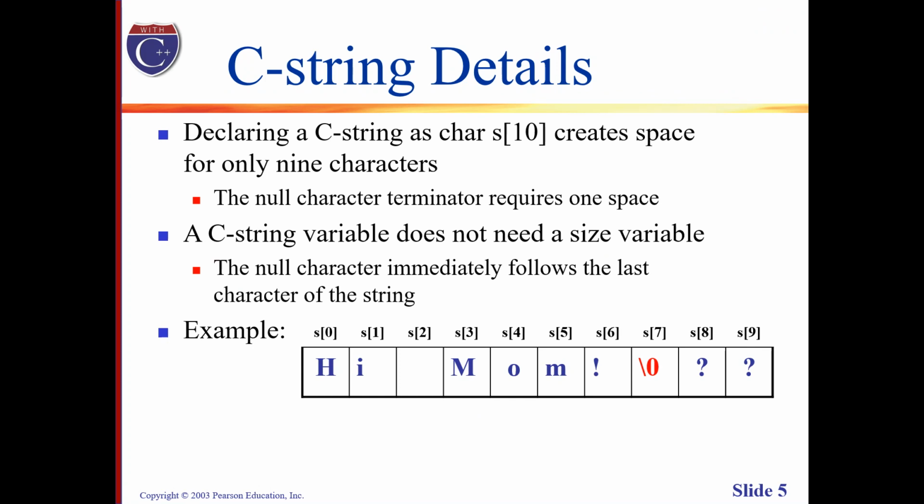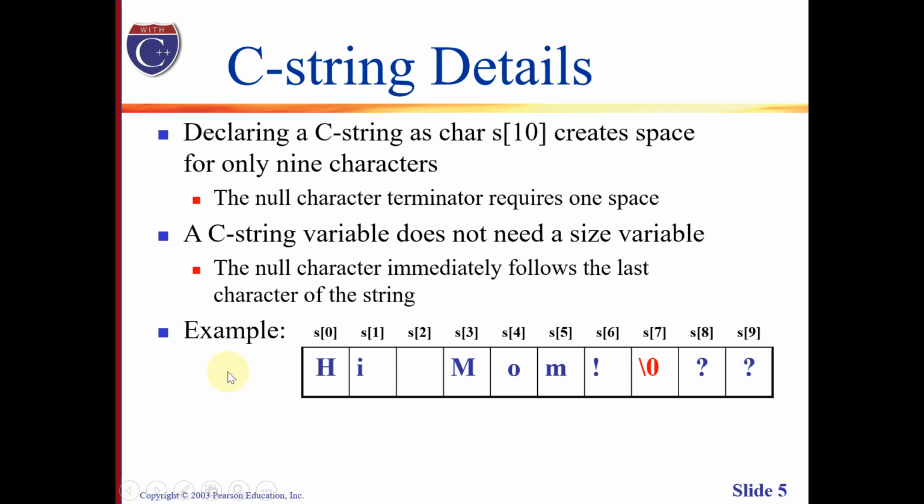It's because the null character which terminates our C string requires 1 space, hence terminating character. Also, a C string variable does not need a size variable. The null character immediately follows the last character of the string.